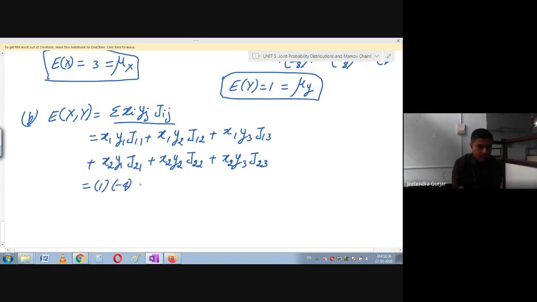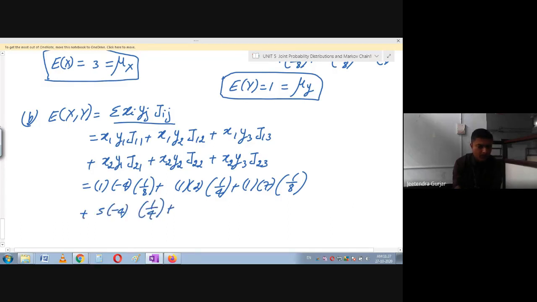Next, minus 4 into 1 upon 8, plus 1 into 2 into 1 upon 4, plus 1 into 7 into 1 upon 8, similarly plus 5 into minus 4, this is 1 upon 4, plus 5 into 2 into 1 upon 8, plus 5 into 7, and this is 1 upon 8.